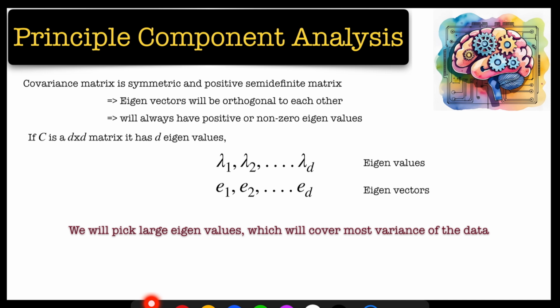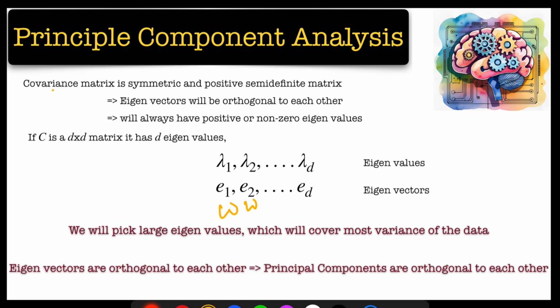So if we want one principal component, we'll just take lambda 1 and E1. This corresponding eigenvector will be the principal component, or W. If we want two principal components, then we'll consider the next W as well. Now, the covariance matrix is symmetric, so eigenvectors will be orthogonal to each other, right?